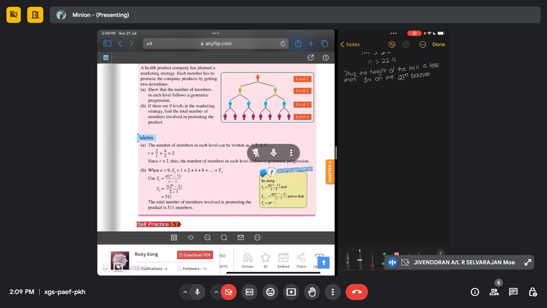So you can substitute the information we have into the formula, where 1 is the first term and the ratio is 2. So we get S9 equals 1 open bracket 2 power 9 minus 1 close bracket, over 2 minus 1. Press the calculator and we'll get 511. Okay, so that's the answer.